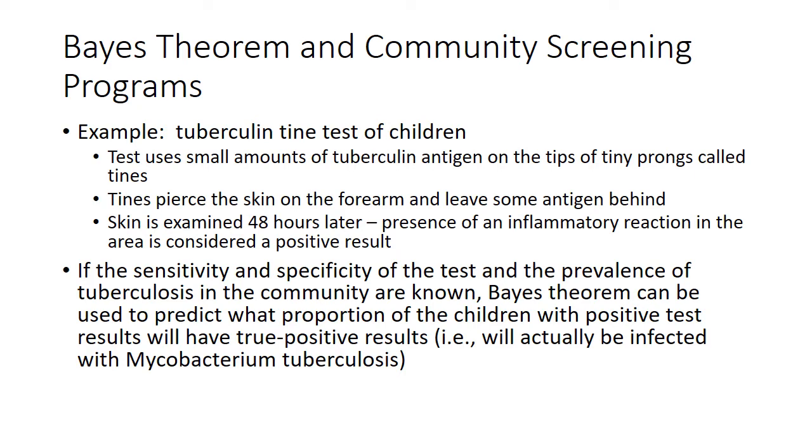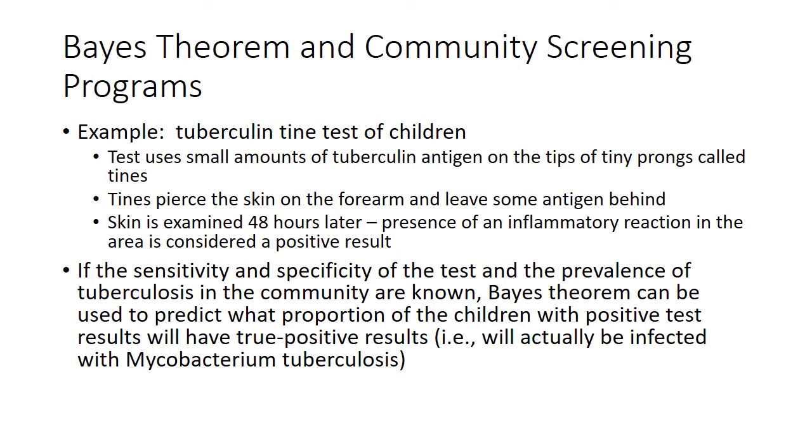One of the things we were looking at when determining the performance of a test is that we knew who had the disease and who didn't. When using Bayesian statistics, what we're looking at is that we have an idea of what the general population prevalence of disease is, and we're going to be incorporating that information. So with a screening program like this, you would have an idea of what the prevalence of tuberculosis is in the community, right?